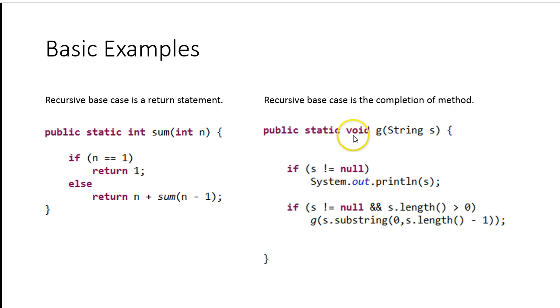This other method returns nothing. It's called g and takes a string as a parameter. You might ask, where's the base case here? Well, the base case is actually when this method terminates, so it flows to completion. You can terminate a void method using just a simple return statement. These ones can be a little bit harder to trace, and we'll talk about that in a little bit. There's our recursive call.